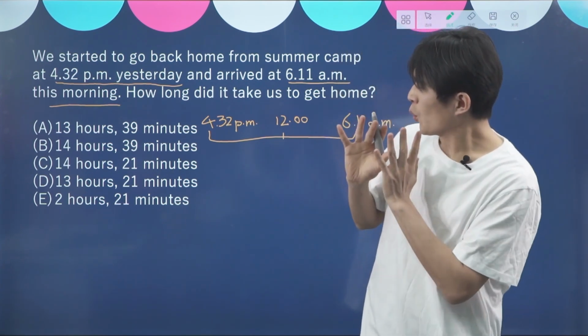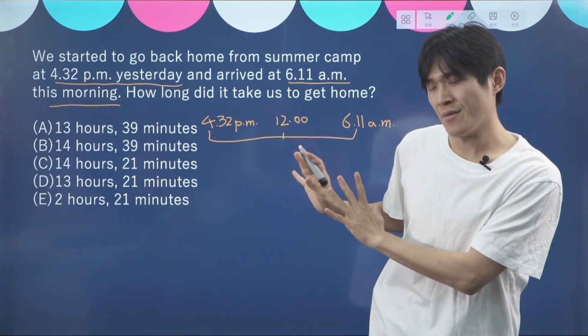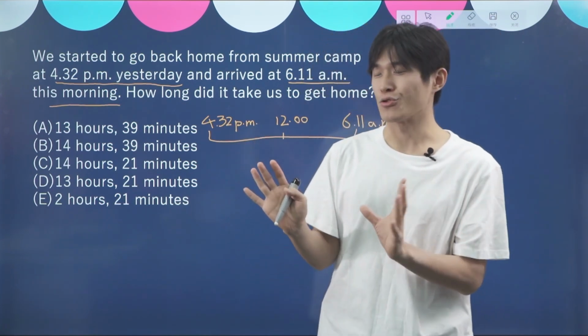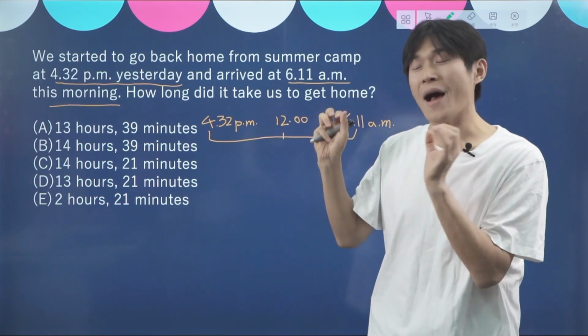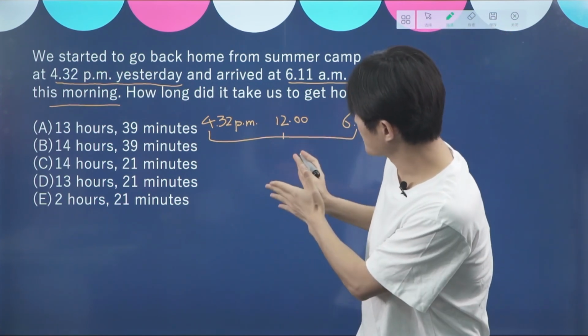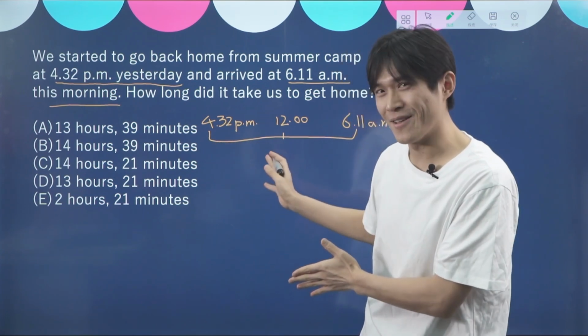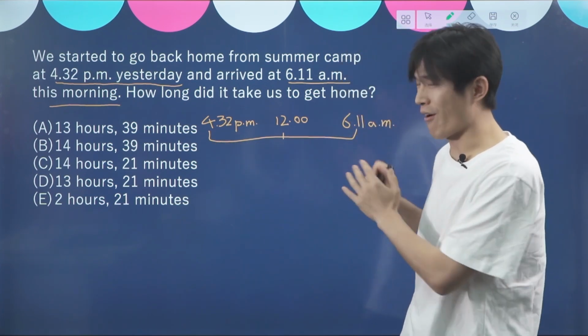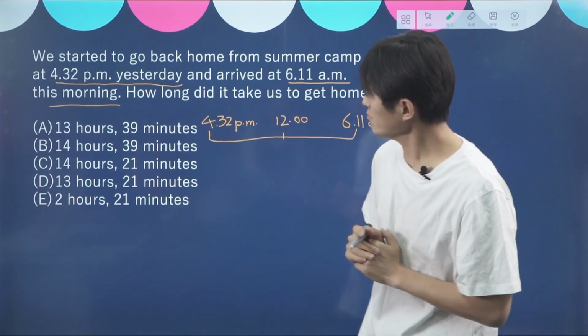Now, we need to find the duration from the start time to the end time. We need to split it in half. So first, calculate yesterday, this part, and then today, this part. Here we go.